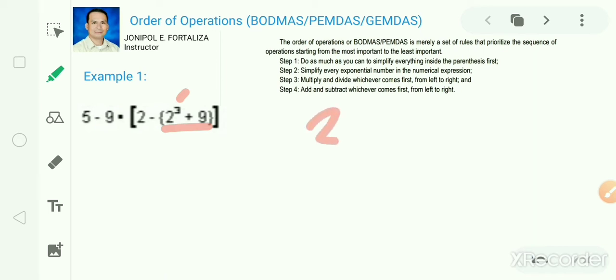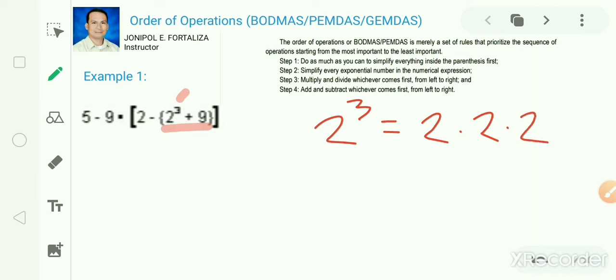The 2 cubed is equivalent to 2 times 2 times 2, meaning 2 taken as factors thrice or 3 times. So 2 times 2 times 2 is equal to 8.